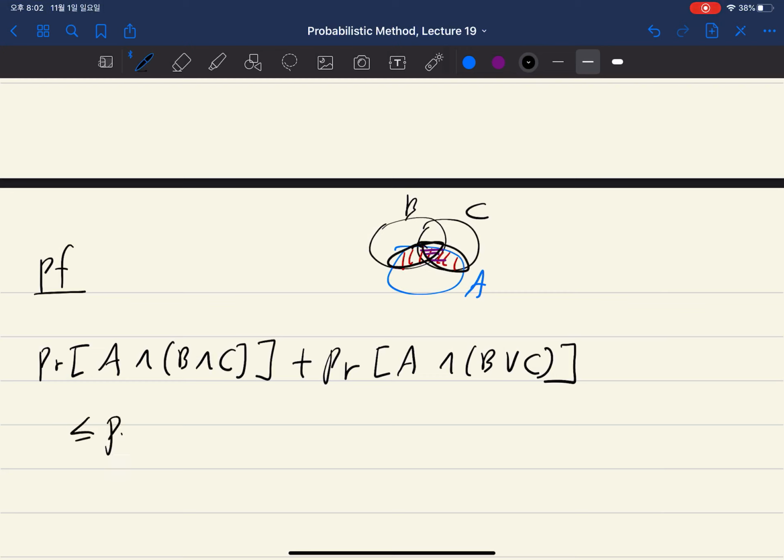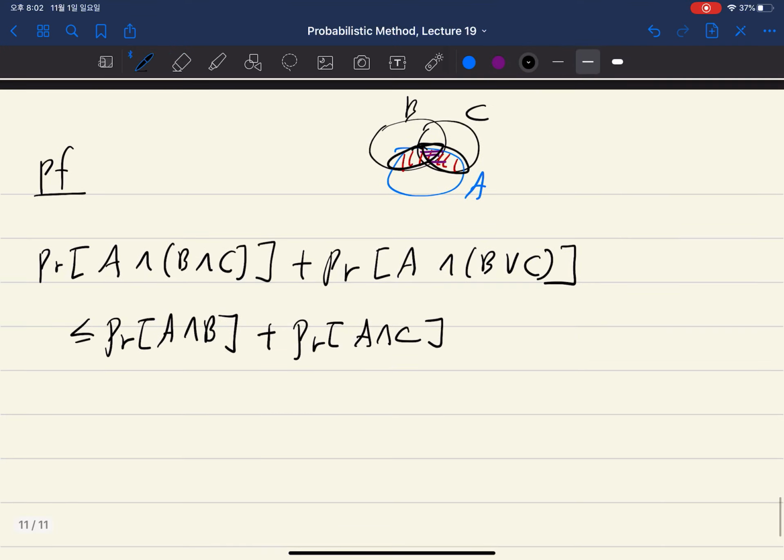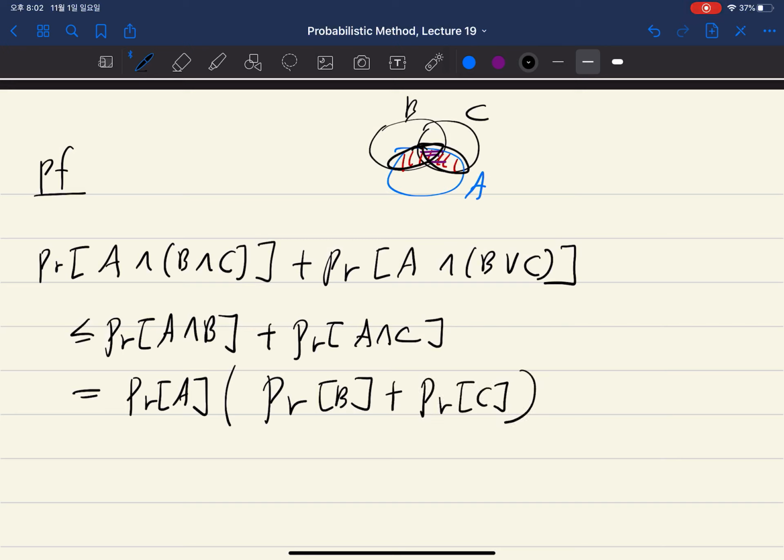So this is the probability of the AB joint event and the probability of the AC joint event. And because of our assumption that A is independent of B and independent of C, we have this. So this is actually equality.